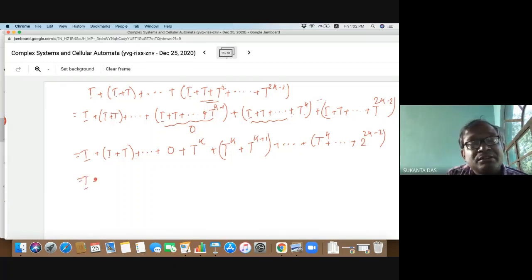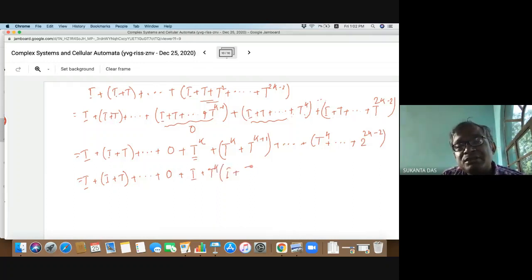So this is I plus T plus dot. I'm keeping 0 here, because I don't want to reduce the number of terms. This is equal to I, right? Here I can take t to the power k as common, then I plus T, and for the next term I can take t to the power k as common.